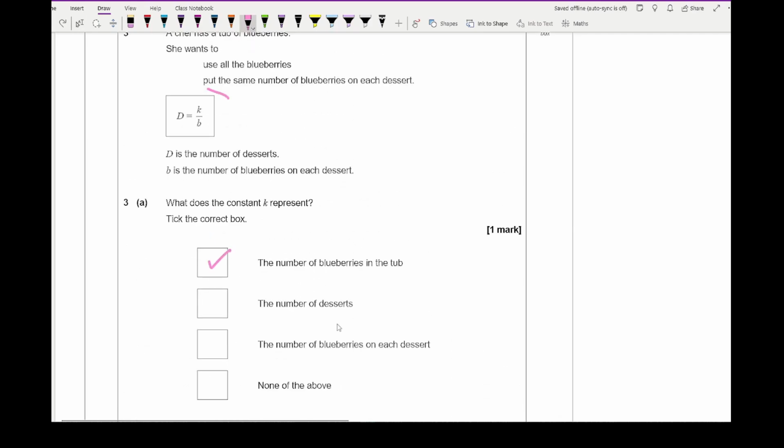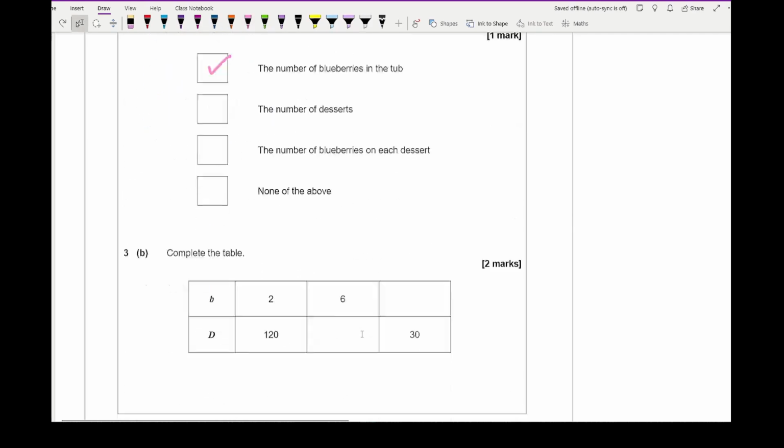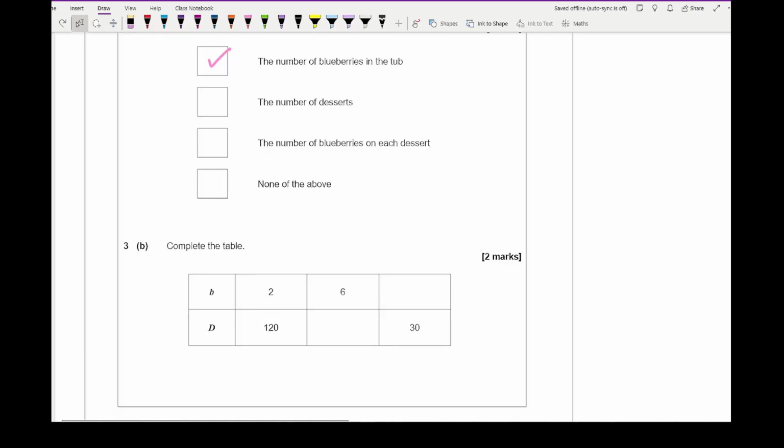Let me write down the formula: D equals K over B. What I need to do first is find the value of K. To do that, I'm going to substitute this value of B and this value of D into the formula. So what I end up with is 120 equals K over 2, and therefore K equals 240.